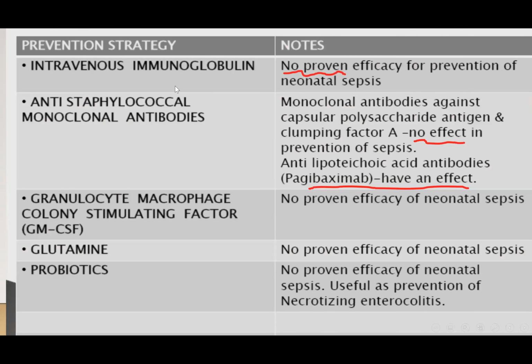In the past, we spoke about intravenous immunoglobulin. Now they said it is not documented. Anti-staph monoclonal antibody, no effect. Granulocyte macrophage colony stimulating factor, which is known as GM-CSF, has not proven efficacy. Glutamine also not proven. Probiotics have no proven efficacy for neonatal sepsis, but are useful as a preventive of NEC.